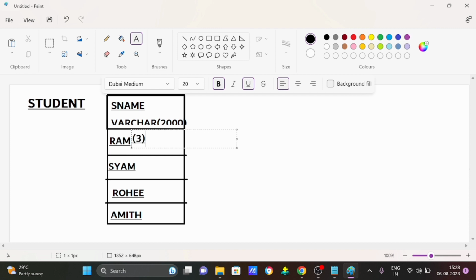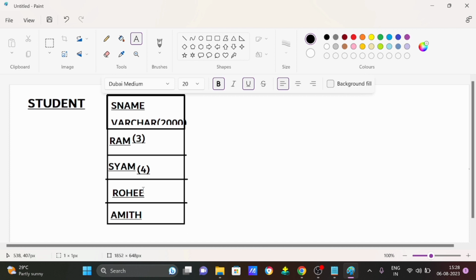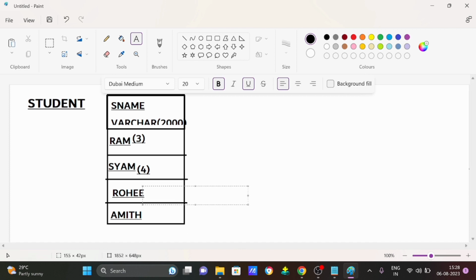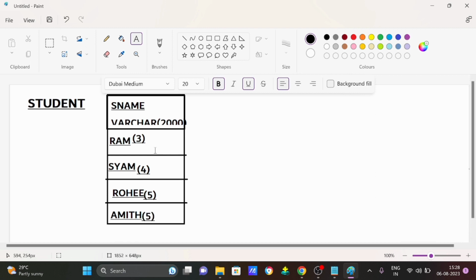Ram is 3, Syam is of 4, Ruhi is of 5, and Amit is also of 5. Now these are the data and size of the data, right?